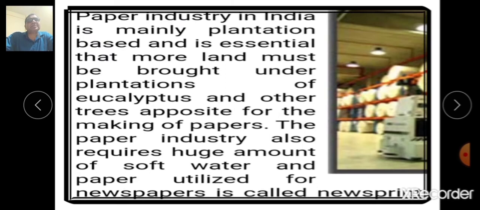Okay. Now our paper industry is mainly based on plantation, and it is essential that more land must be brought under plantation, of course, of eucalyptus and other trees for the making of papers.